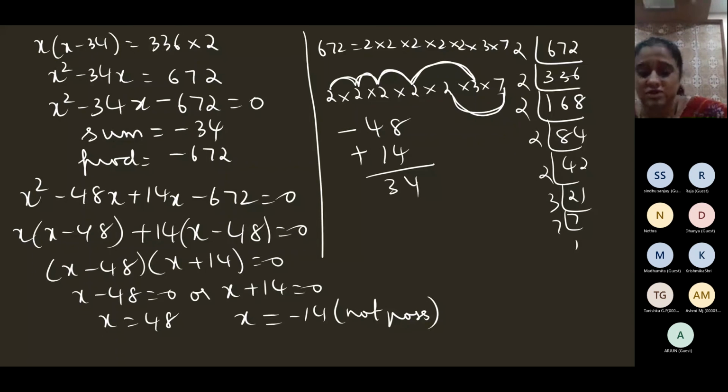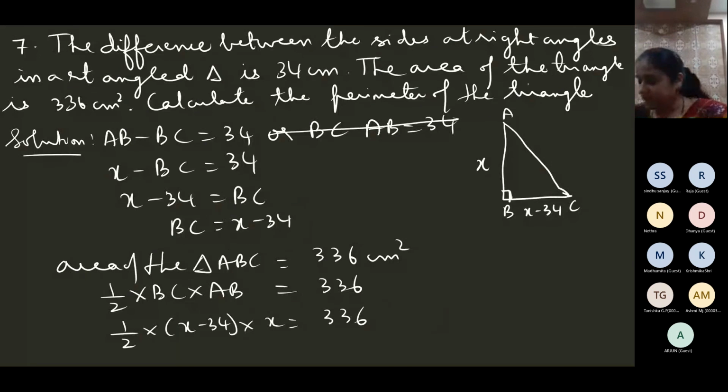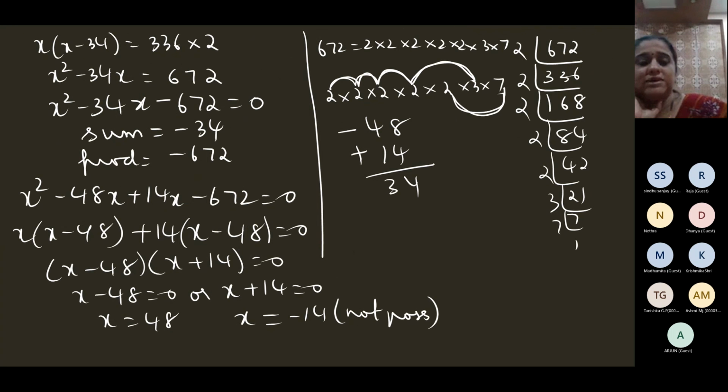Yes, children, it's time for my next class. Just take screenshots. This is the first slide, children. Take a screenshot. This is the next slide. We got a quadratic equation. So we split the middle term and we find the values of x. One is negative, so we ignore that and we go ahead with the positive value of x.